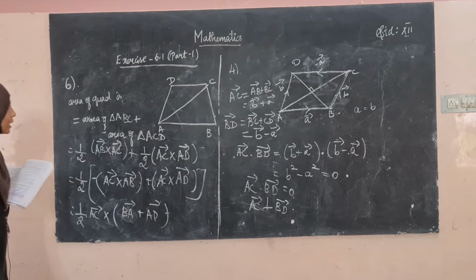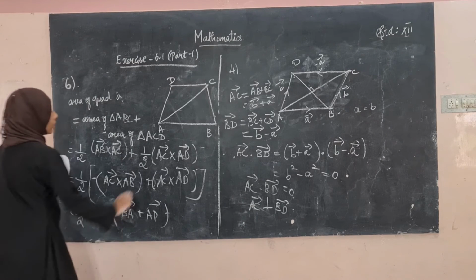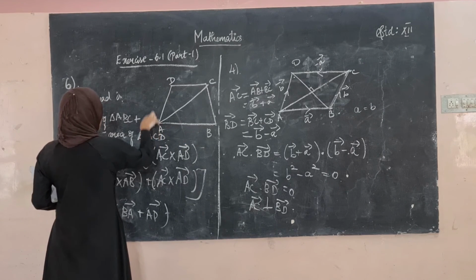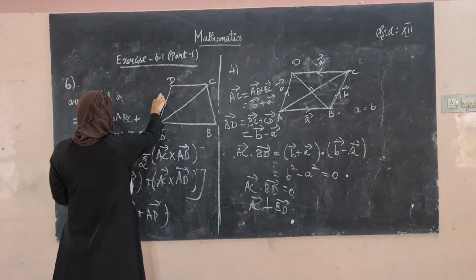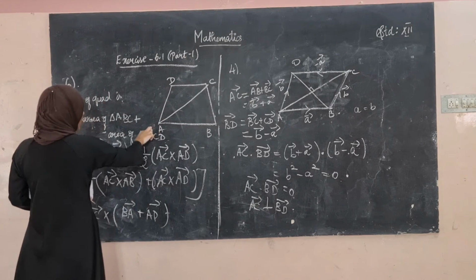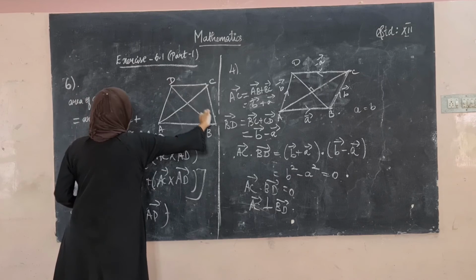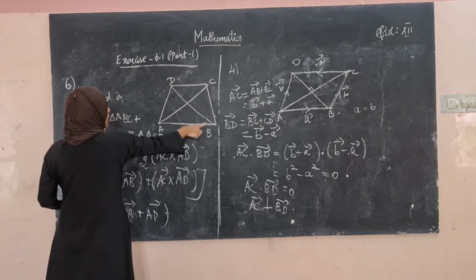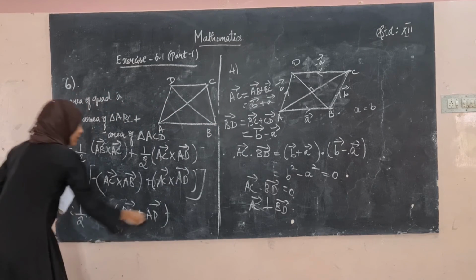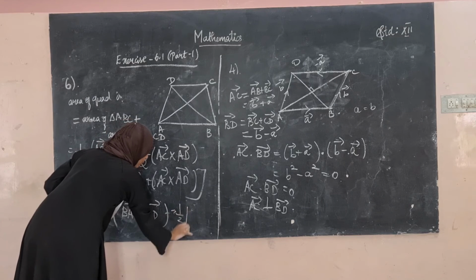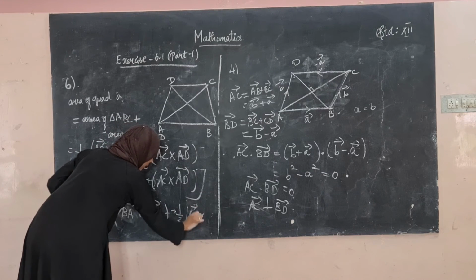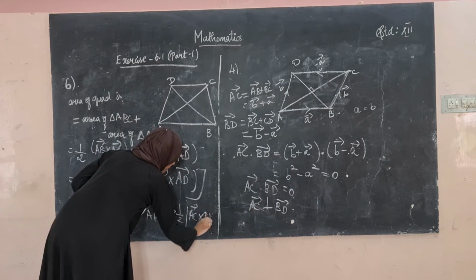What is BA vector plus AD vector? This is our diagonal, right? BA vector plus AD vector can be written as BD vector, which is equal to half into modulus of AC vector cross BD vector.